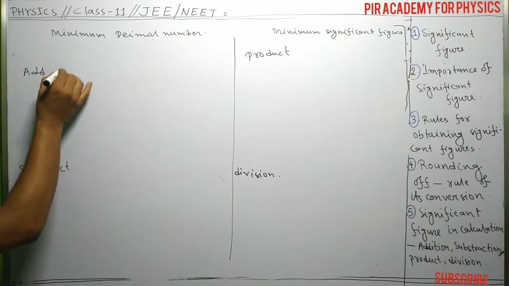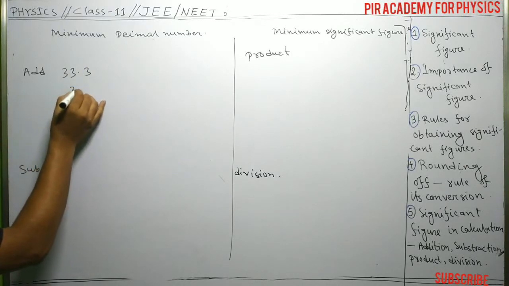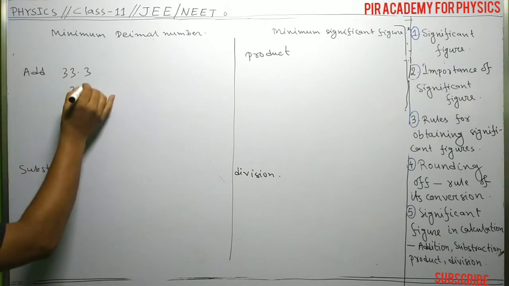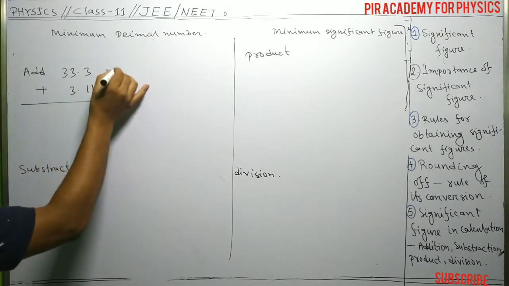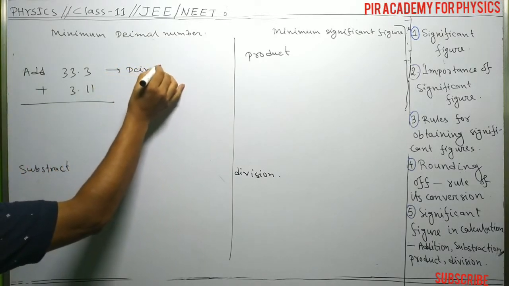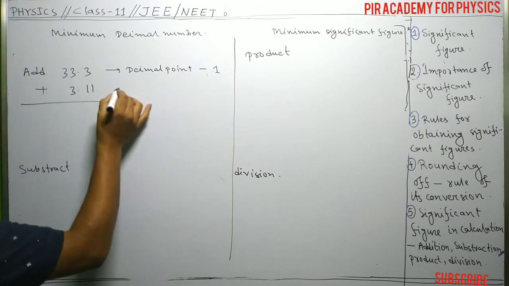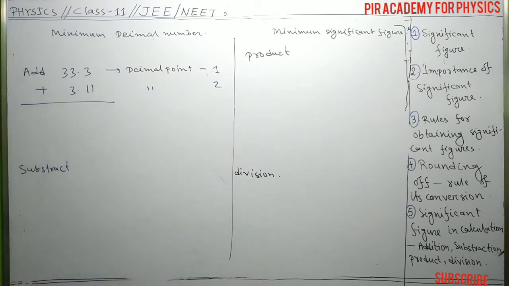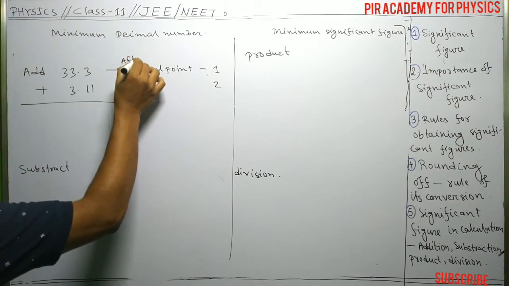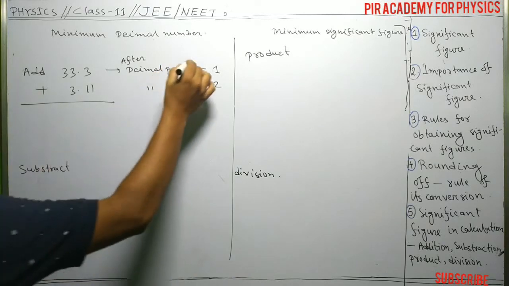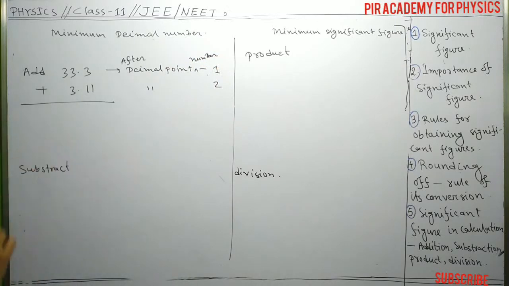Suppose 33.3 and 3.11, you want to add these. Here after the decimal point the number of digits is 1, and here it is 2.